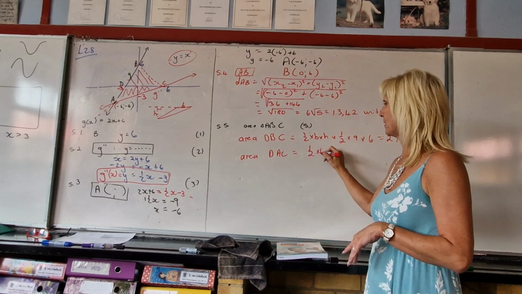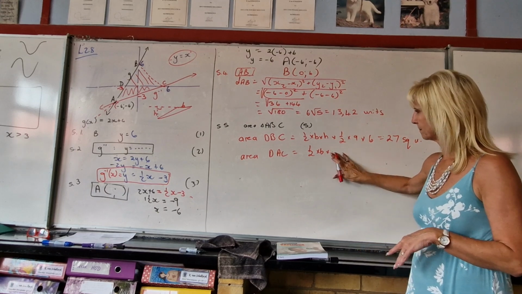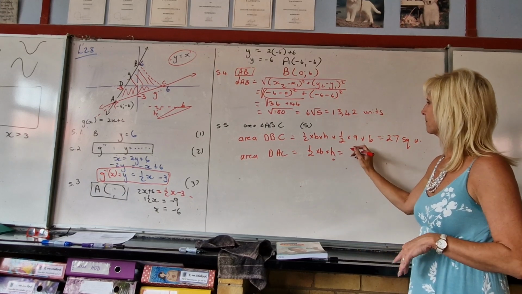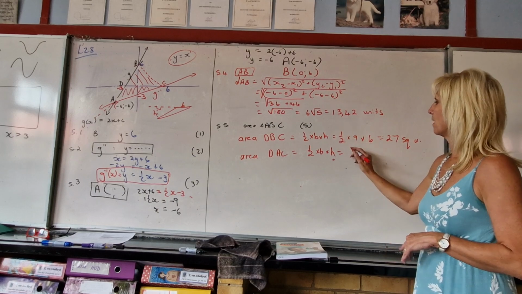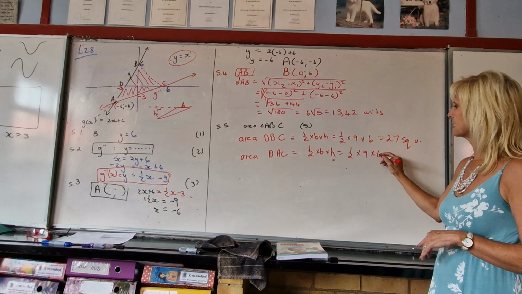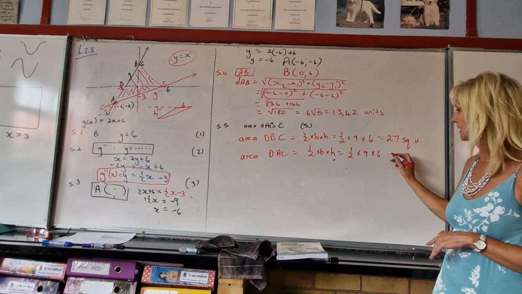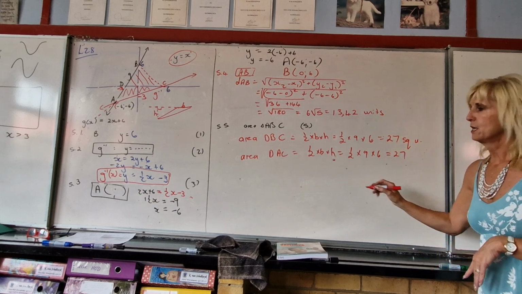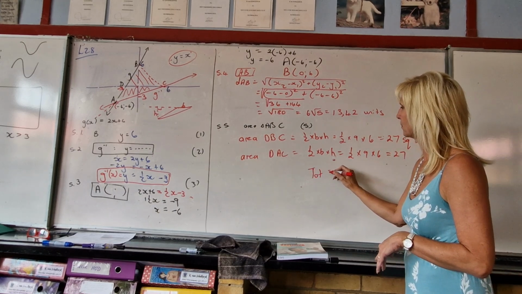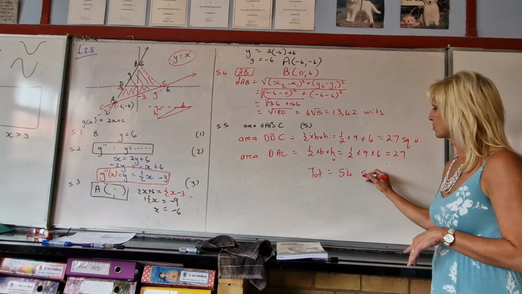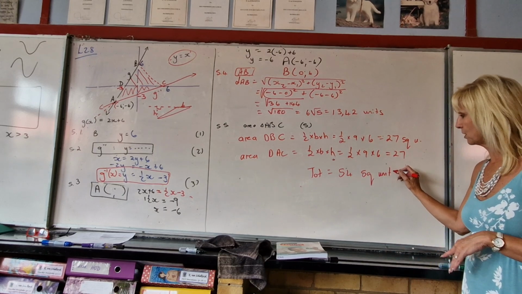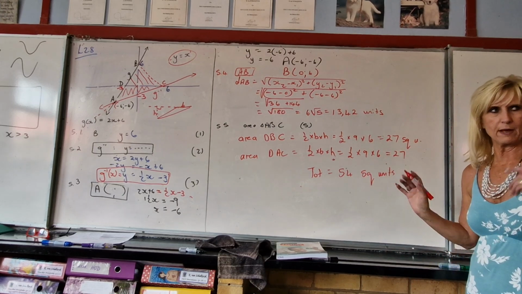Same thing. Half base times perpendicular height. Will give me half of 9 again and 6 again. Remember that it mustn't be negative 6. So it's going to be the same. So the total area would be 54 square units. You don't have to add this in, but it's just good maths.